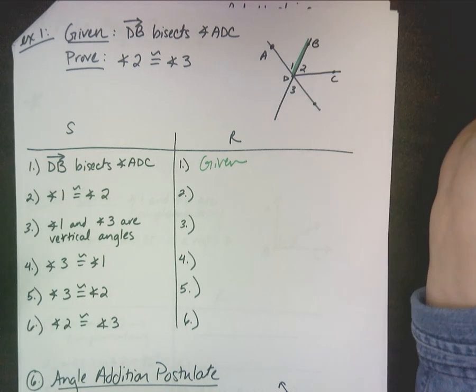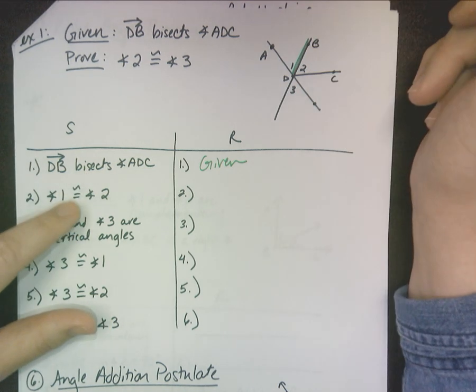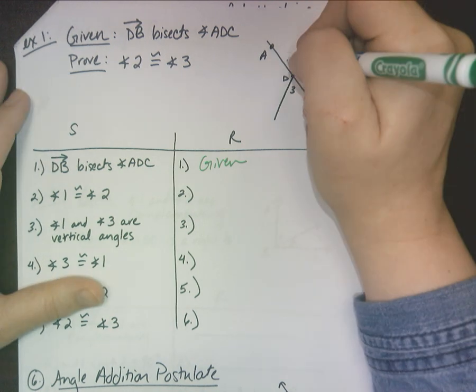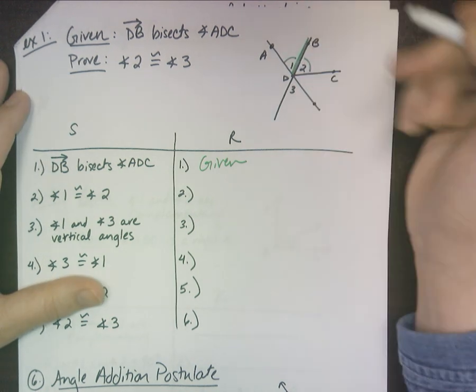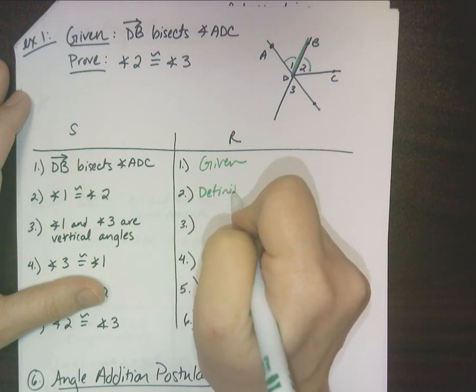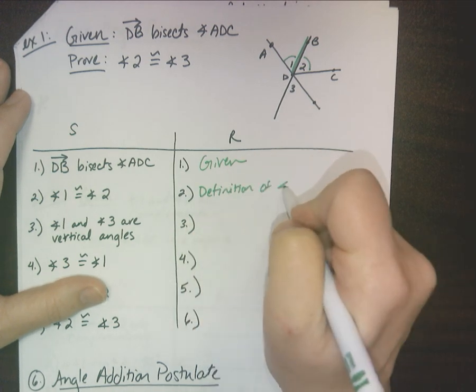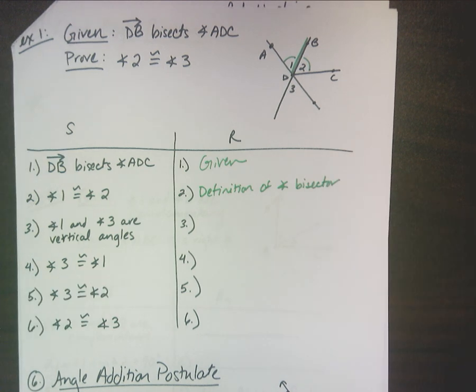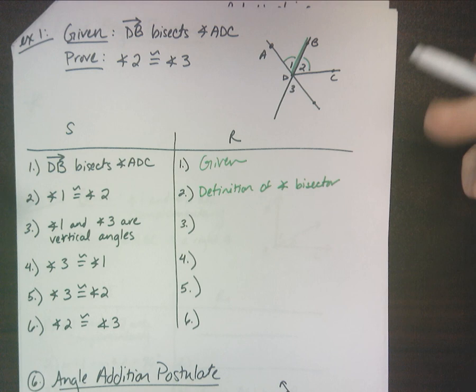We had the definition of a midpoint. It's very similar when they say DB bisects. That's the definition of an angle bisector. A bisector is going to make these two equal to each other. It's bisecting the angle. It's making the two of them congruent.